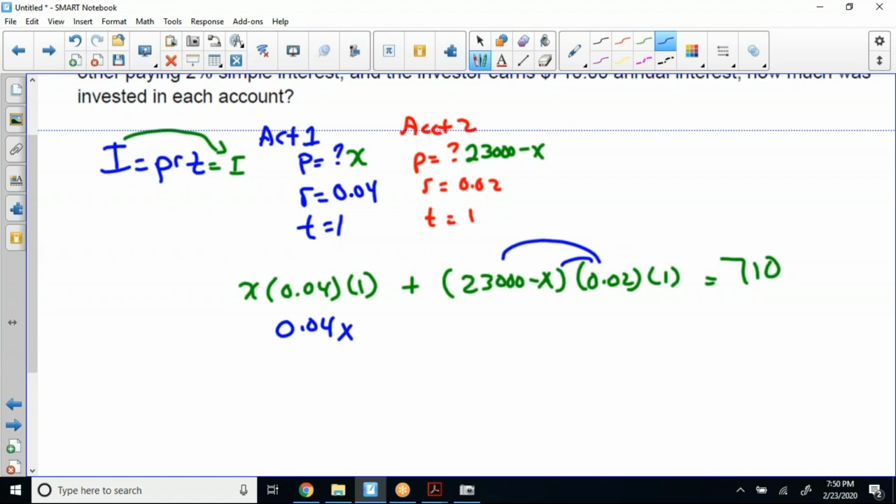And we'll do, what's 23,000 times 0.02? That gives me $460. So it's plus negative 0.02x, and then times 1 is 710. If we add these, go ahead and combine my like terms here and here.